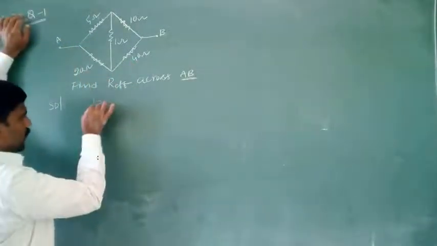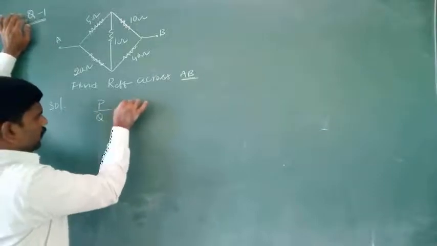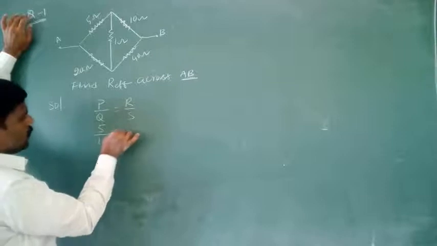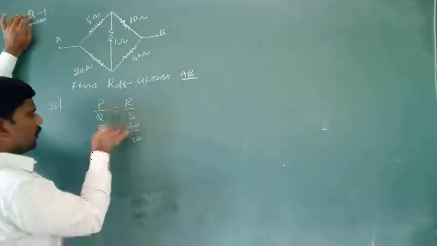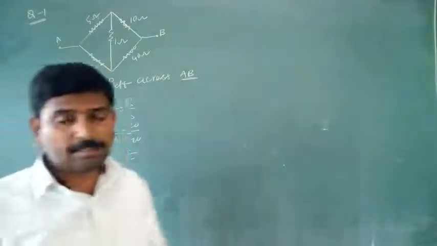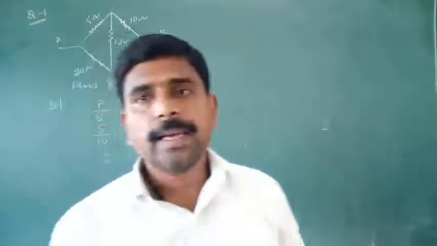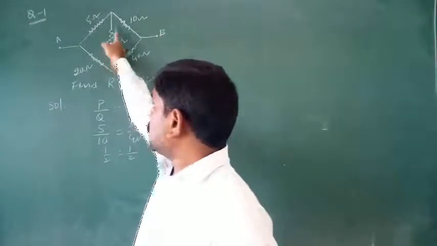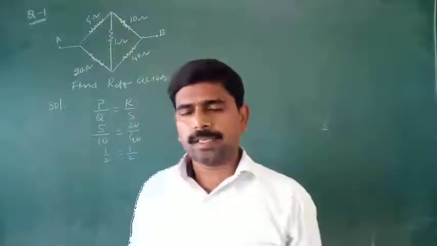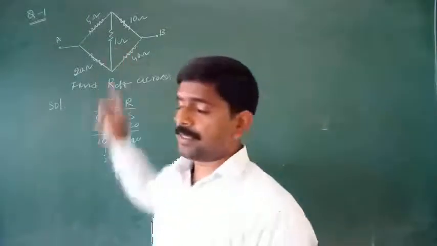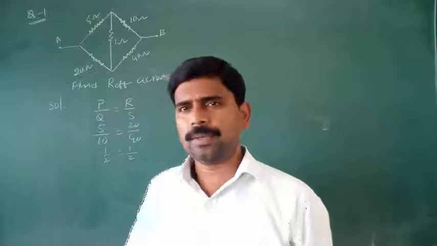Means P by Q is equal to R by S, that is 5 by 10 is equal to 20 by 40. So 1 by 2 is equal to 1 by 2. Compulsorily, this is the balanced Wheatstone bridge. In case of the balanced Wheatstone bridge, the current passing through the 1 ohm resistor is equal to 0.